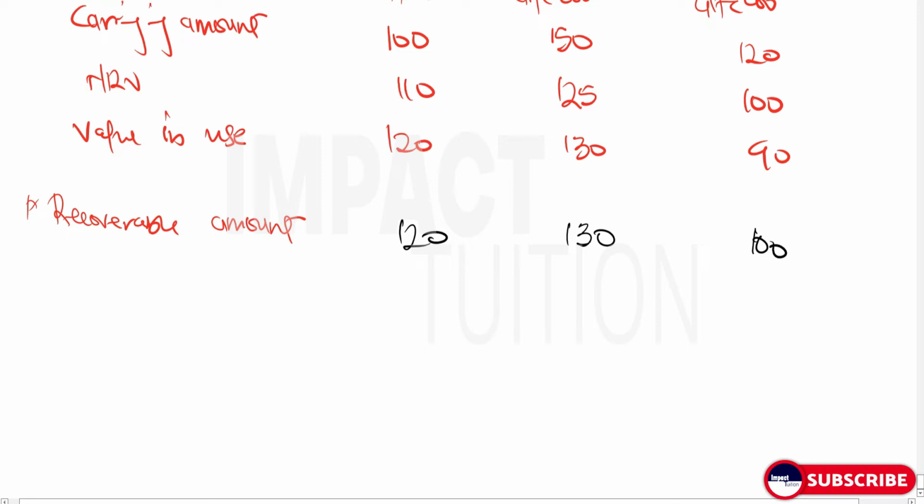The second part of the question is to calculate the impairment losses for each of the assets. An asset is impaired if the carrying amount is greater than the recoverable amount.